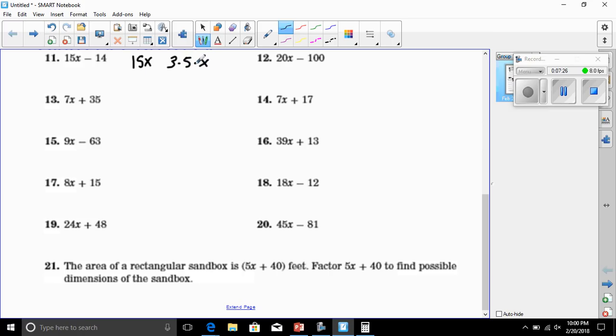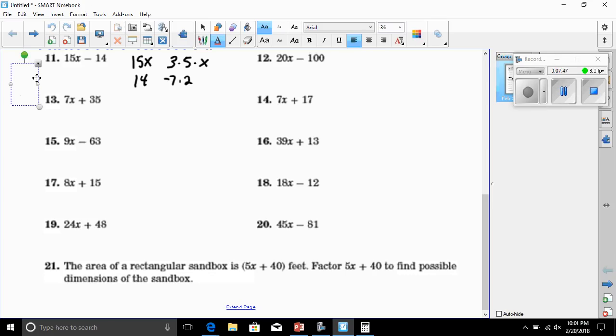And 14 can be factored into negative 7 times 2. As you can see, once again, there's nothing up here that is matching. So this cannot be factored.